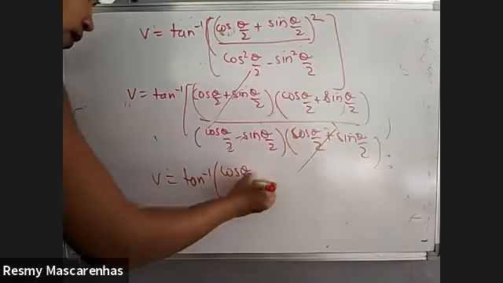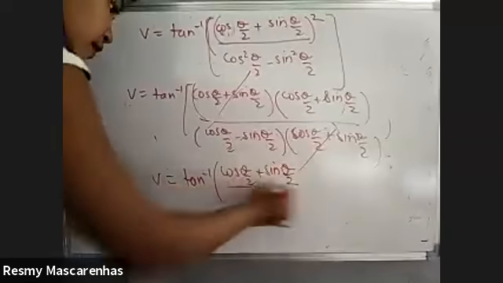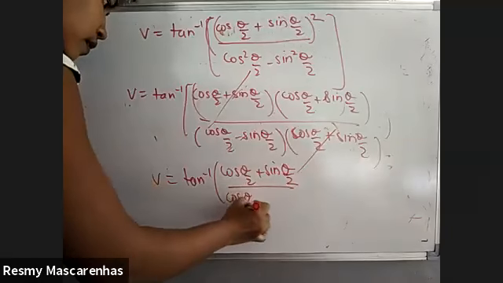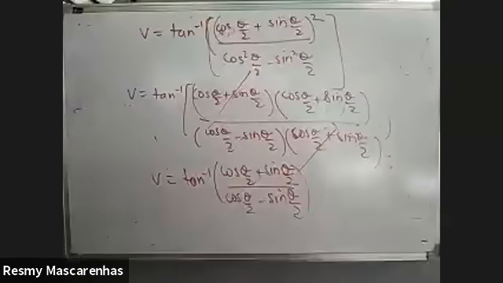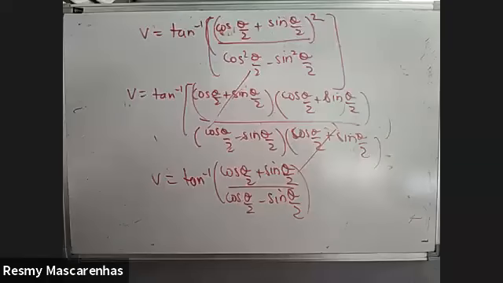Now follow the same method. Divide numerator and denominator by cos theta by 2. And then don't directly find a derivative, you have to resubstitute because this is a substitution. Theta you have to write back.